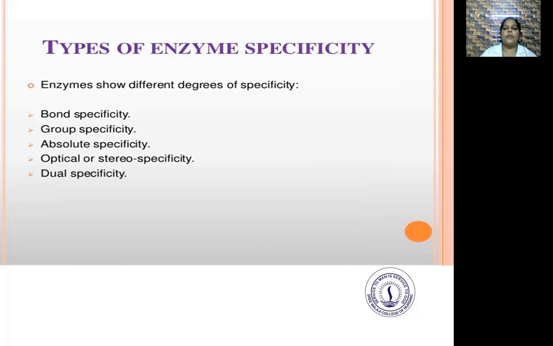Types of enzyme specificity. Enzymes show different degrees of specificity: bond specificity, group specificity, absolute specificity, optical or stereo specificity, and dual specificity.